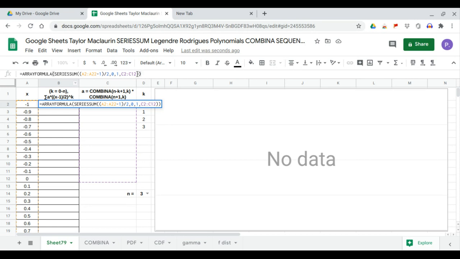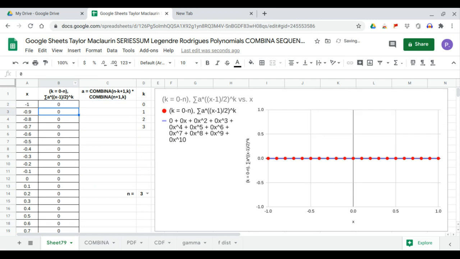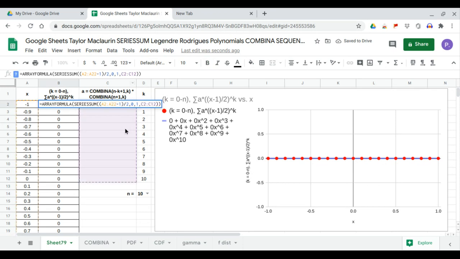That should be okay. So we have the expansion, and we'll start from here. So if we assign 10, this will start from this range.